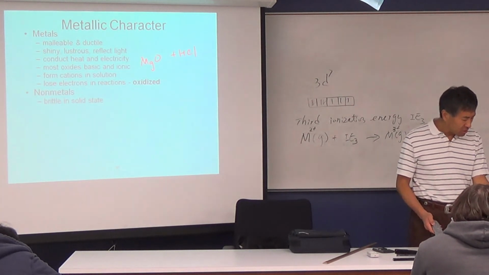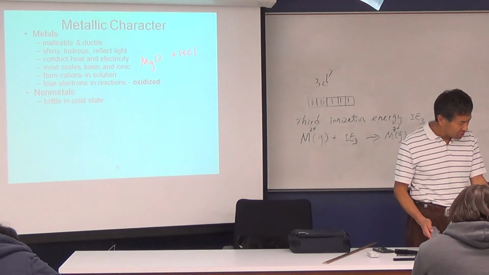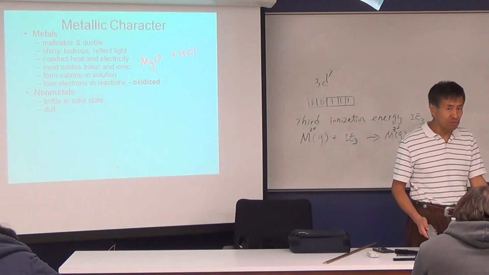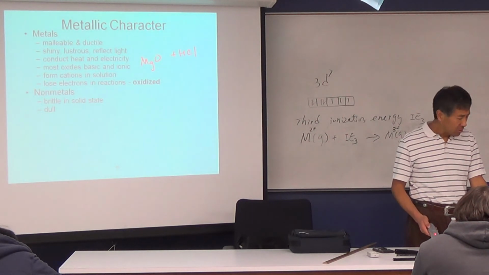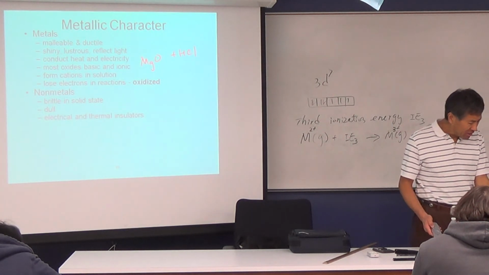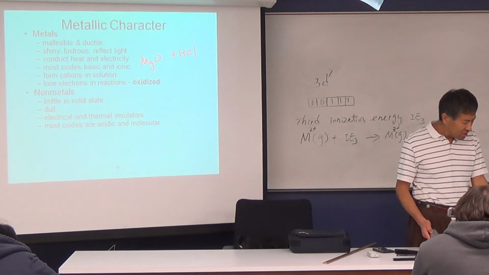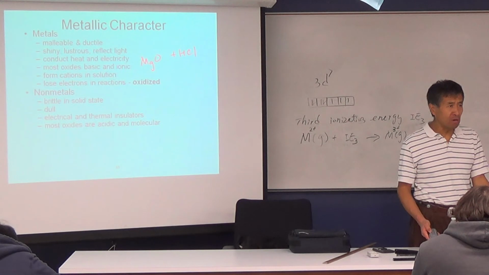Non-metal is kind of brittle in solid state, but not all those non-metals are solid at room temperature. It is dull, and is an electrical and thermal insulator. Most oxides are acidic and are molecular compounds.